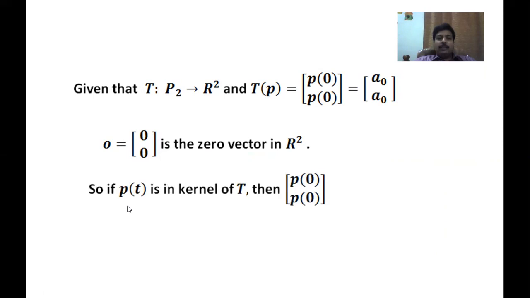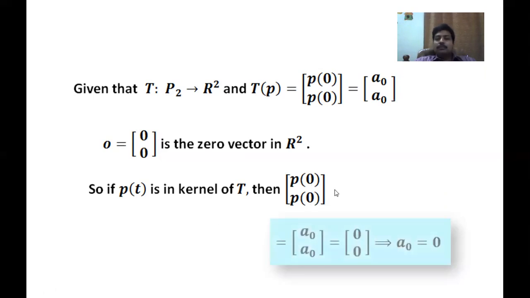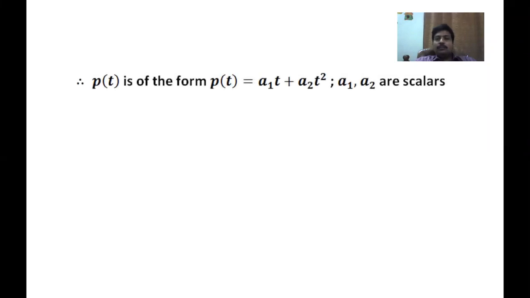So if P is in the kernel of T, then this P of 0 and P of 0 must be equal to 0, 0. P of 0 is nothing but A0. We have seen earlier, if you substitute t equal to 0, you will get only A0. So A0 is equal to 0. So any polynomial in which A0 is 0 is in the kernel of T.